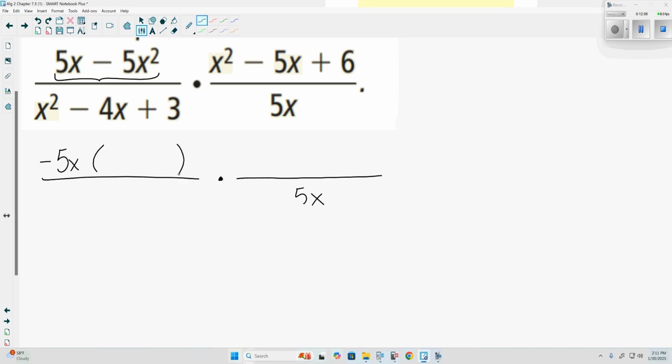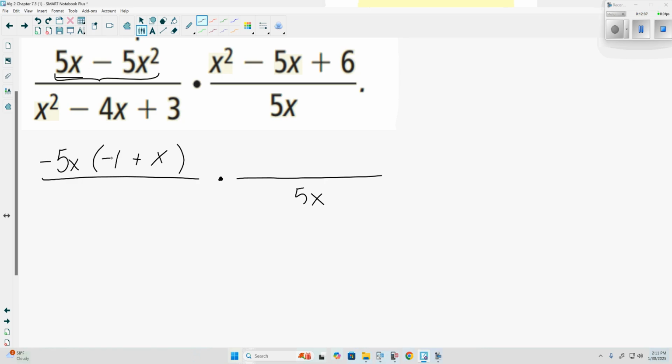Now the negative 5x squared is going to become positive x. The 5 factors out completely. The x squared is reduced to x. And since we took the negative, it's going from negative to positive. Now the 5x up front is going to factor out completely, so we would have 1. But because we took the negative out, it's going from positive 1 to negative 1.